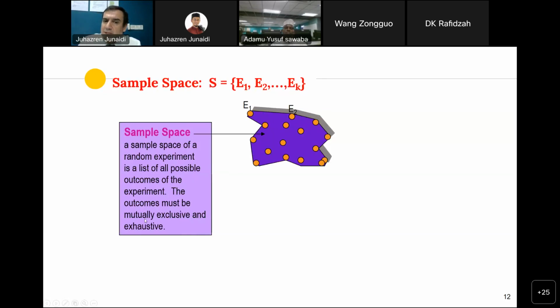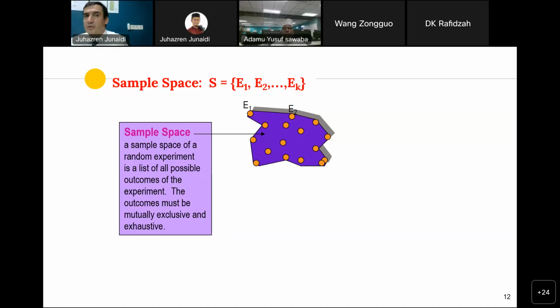The outcomes must be mutually exclusive and exhaustive, meaning there should be a range of possible outcomes. In the case of tossing a coin, it goes from no heads at all to all heads, or no tails at all to all tails.